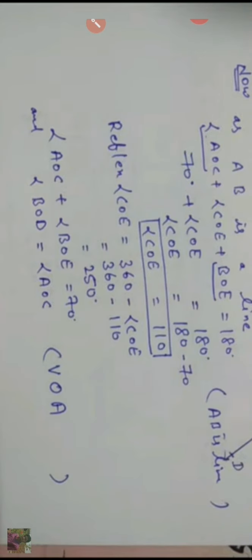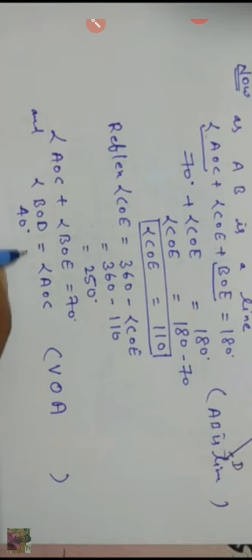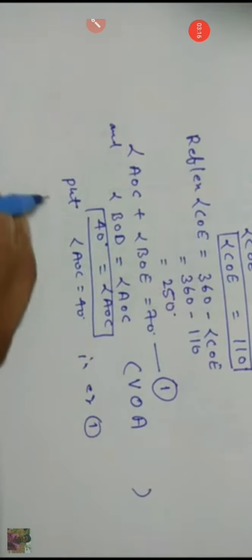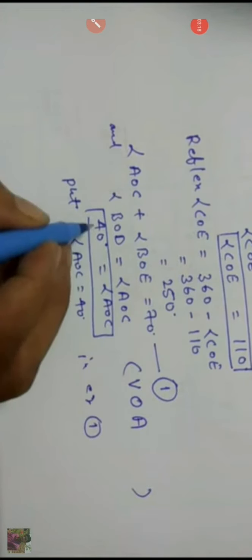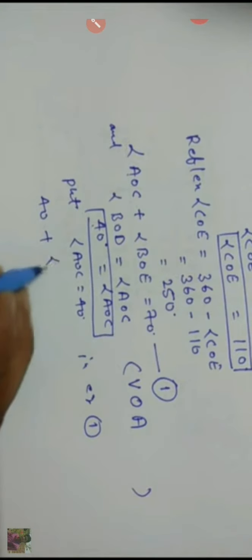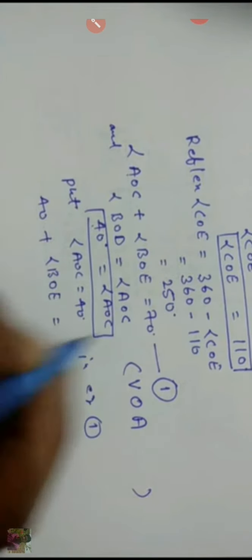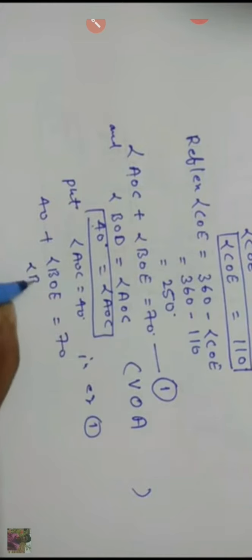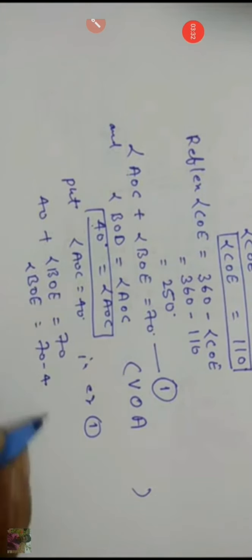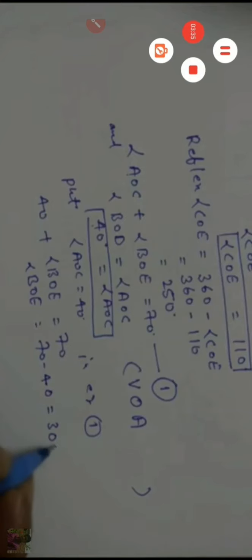So AOC is equal to 40, plus BOE, 40 plus BOE is equal to 70 degree. So angle BOE is equal to 70 minus 40, that is 30 degree.